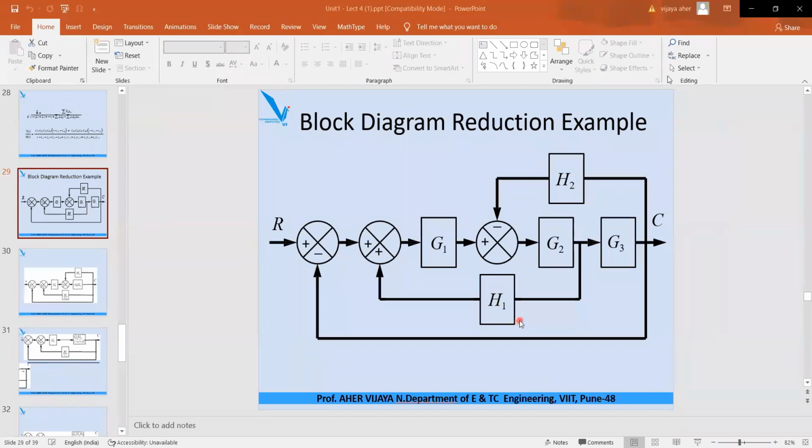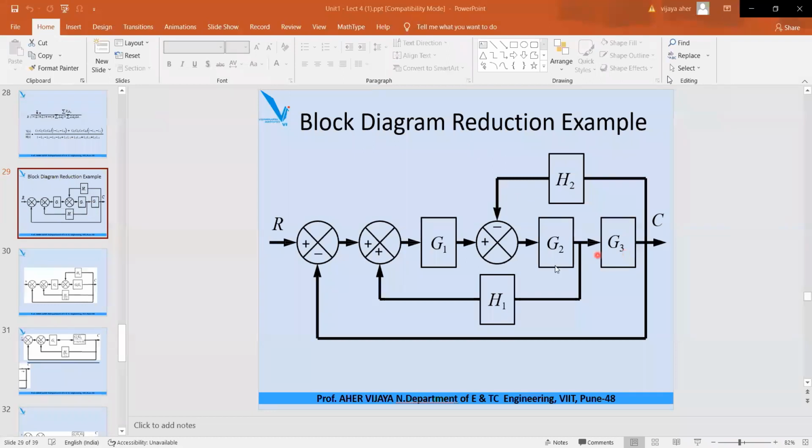G2 and G3 are not in series here. So I have shifted this point to after G3. When I shift the point after G3, I have to divide this transfer function by G3, so I have taken H1 divided by G3.